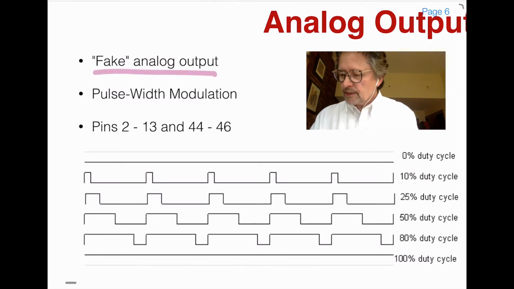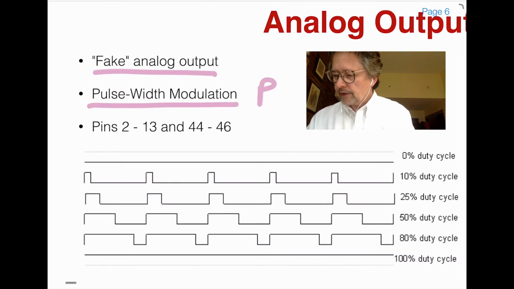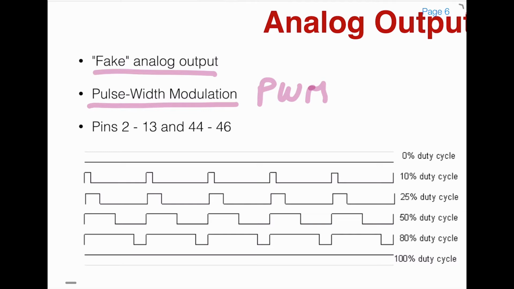So this is a fake analog output. It's done by using pulse width modulation. And we can use pins 2 to 13 or 44 to 46 to do that. These are pins that have a little oscillator and that are going to generate a square waveform.